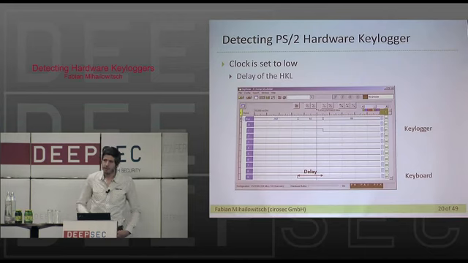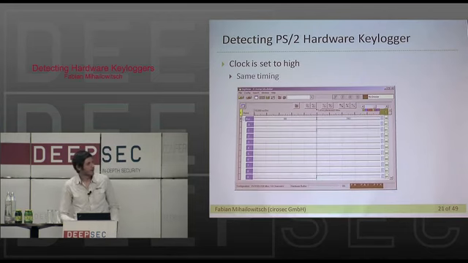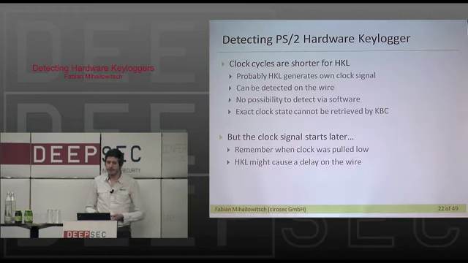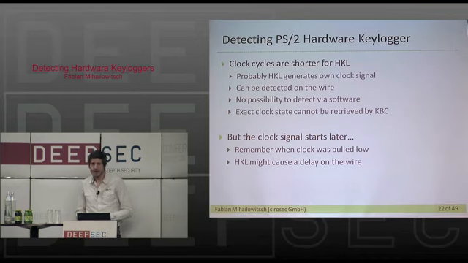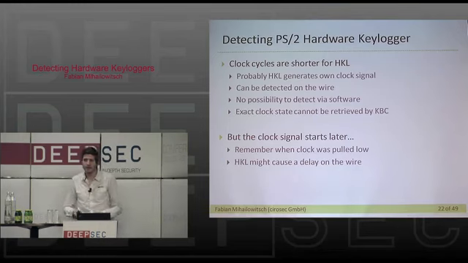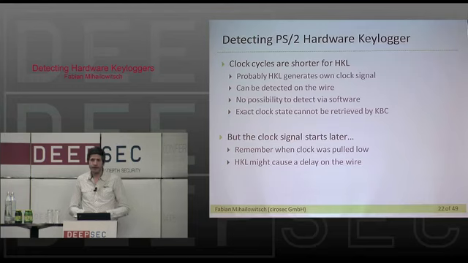Once the clock is pulled back to high, in that sample, it is at the same timing. So what we can see out of this is that the clock cycles are shorter once the keylogger is present. Which, like I mentioned, is probably because the hardware keylogger just sends the data again and does its own clock signal. And you can detect it on the wire.